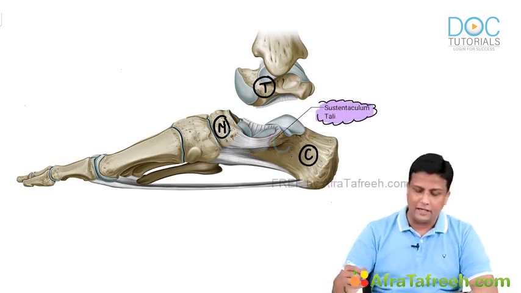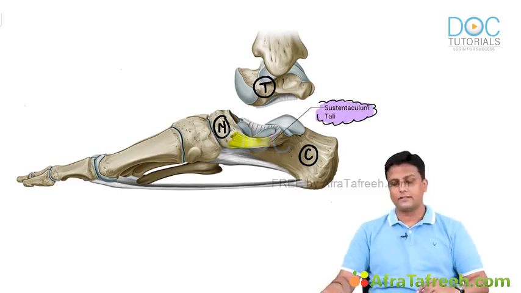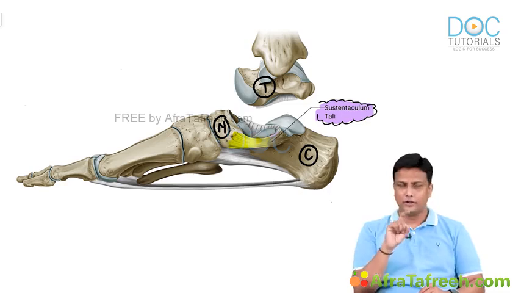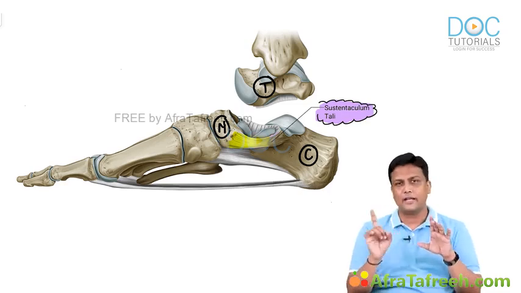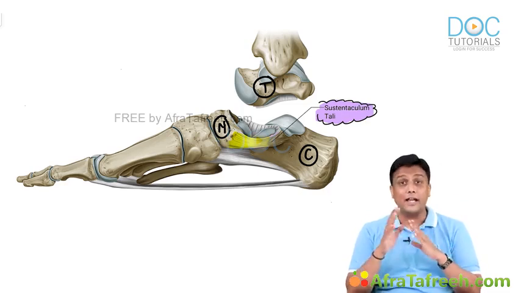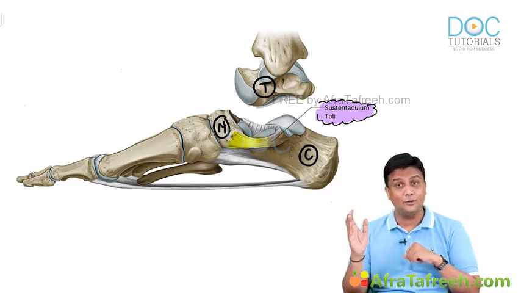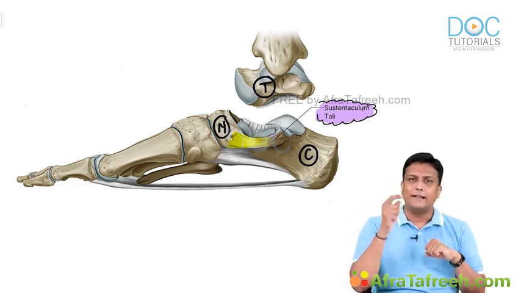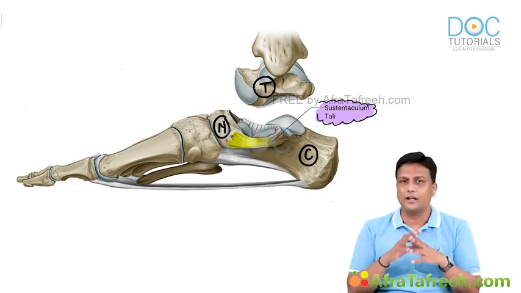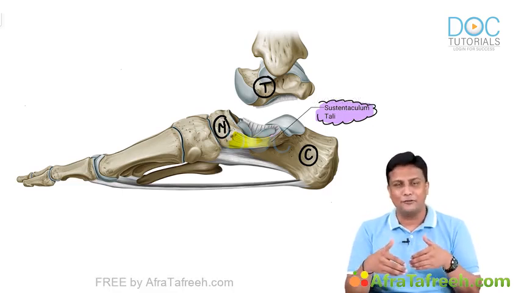Now from there, I am able to see one ligament. That ligament will go and get attached to the navicular bone over here, guys. So that ligament is from the calcaneus to the navicular. That's the reason why it is known as the calcaneo-navicular ligament. Very simple. And the another name of that ligament is the spring ligament. And you can clearly see that's the medial aspect of the foot.